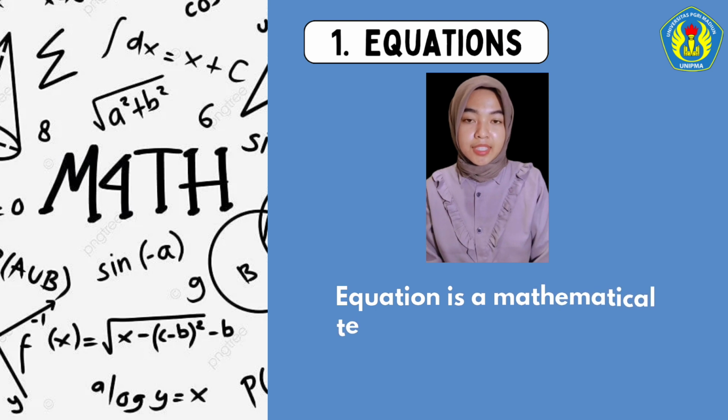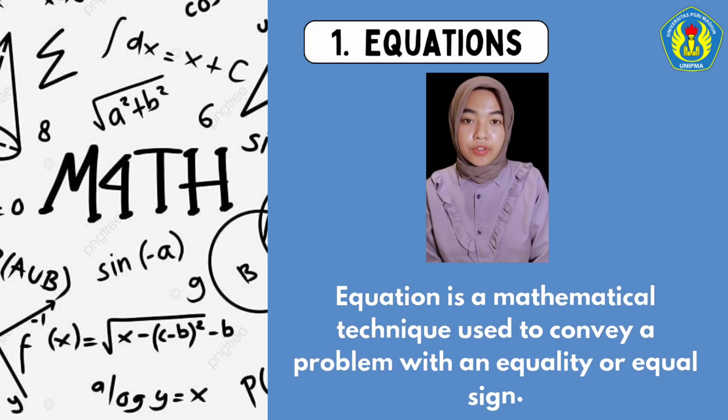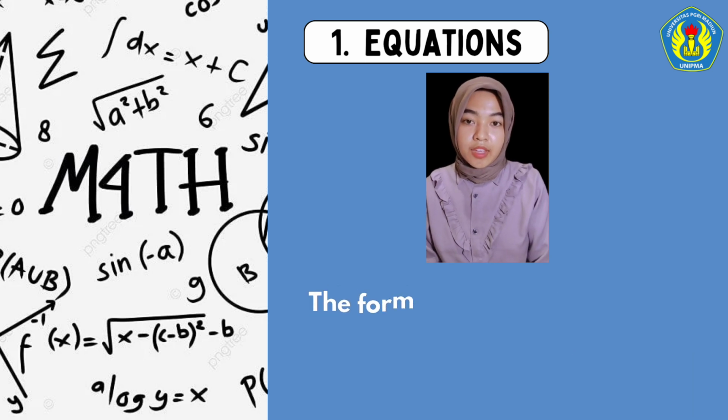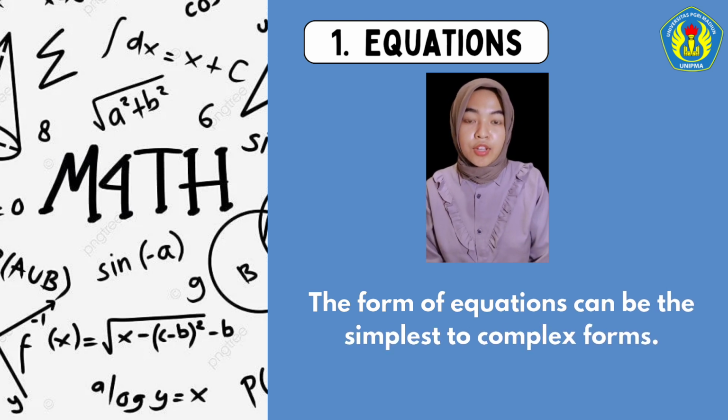An equation is a mathematical technique used to convey a problem in mathematical form with an equal sign. An equation can be used to form a mathematical formula for a problem. The form of an equation can be simple or complex.